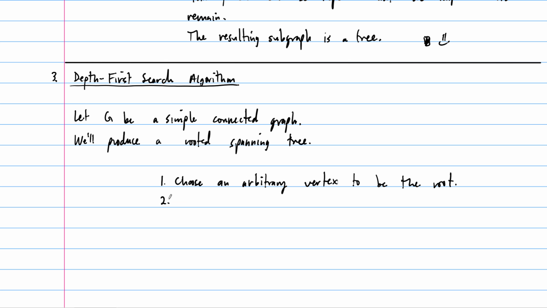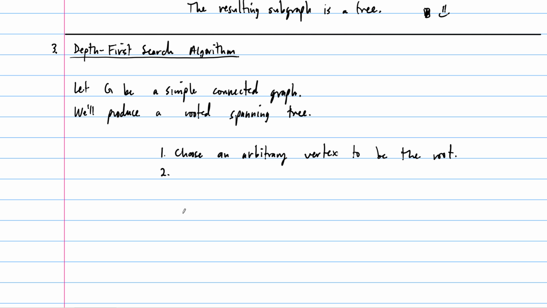All right, step 2 is from the root, form a path and make it as long as you possibly can. So no repeated edges and no simple circuits. So form the longest simple path possible. Actually, saying it's the longest is arbitrary. I shouldn't say it this way. So let me say it this way. Form a path starting at the root, so the vertex that we've just chosen, and make it as long as you can.